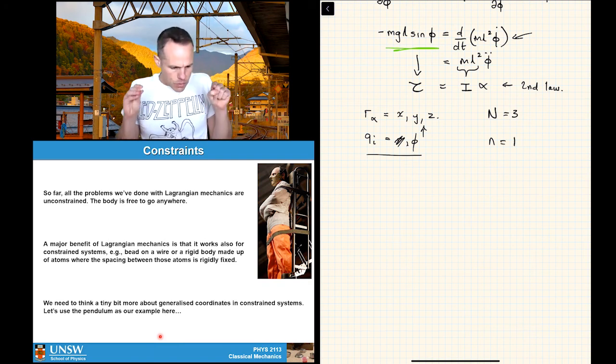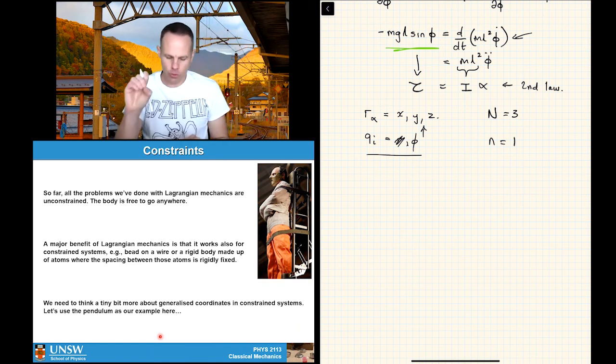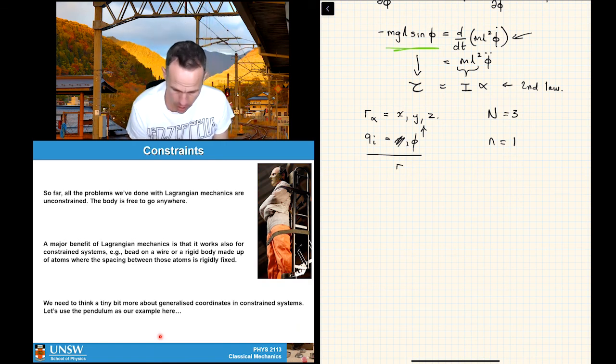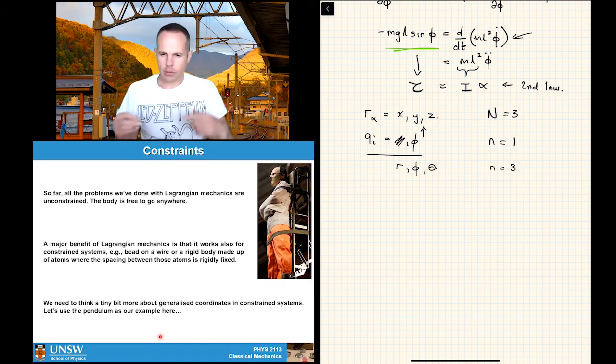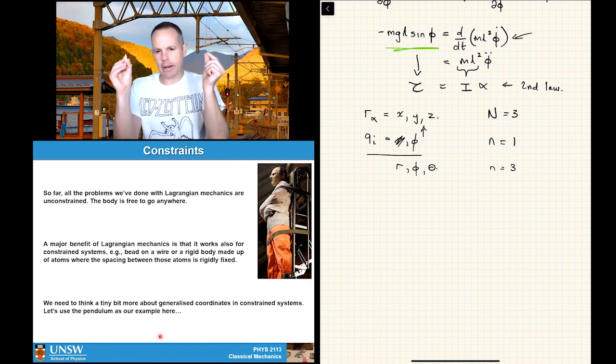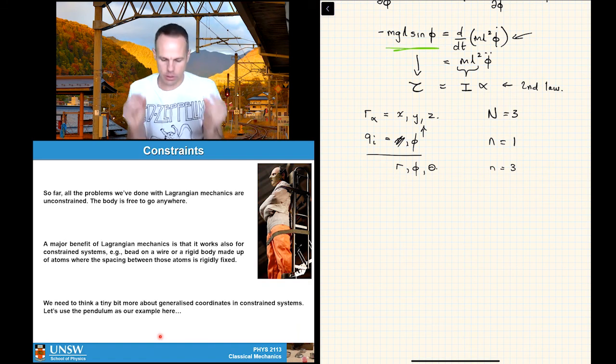And you'll notice that for an unconstrained system, if we take away the rod and just let the particle move around, we would have to have r and phi and a theta in here to describe those three coordinates. So now our little n would be 3. And so in an unconstrained system, big N equals little n, or the number of generalized coordinates is equal to the number of coordinates that you have for the whole system, right? And if we had 2 bodies, it'd be 6. 3 bodies, it'd be 9, and so forth.